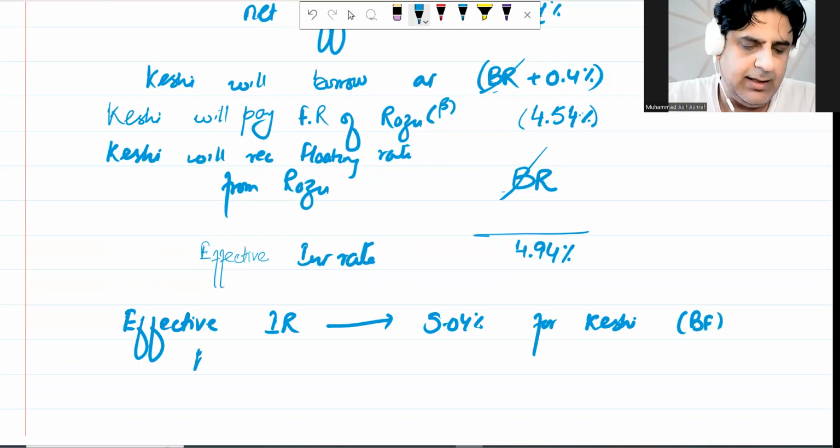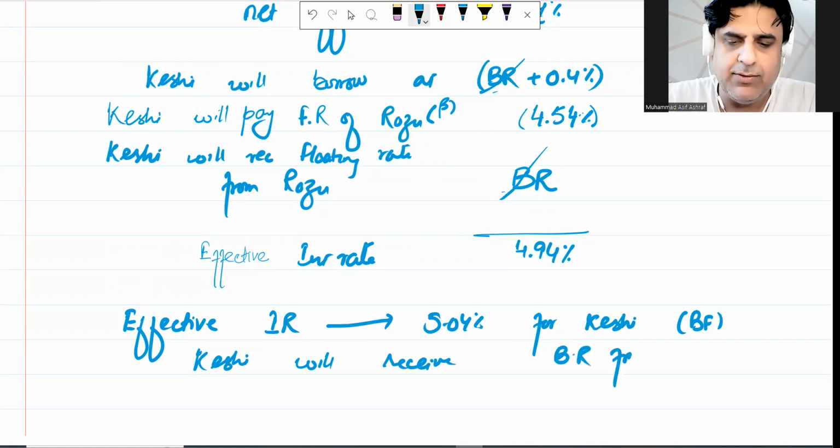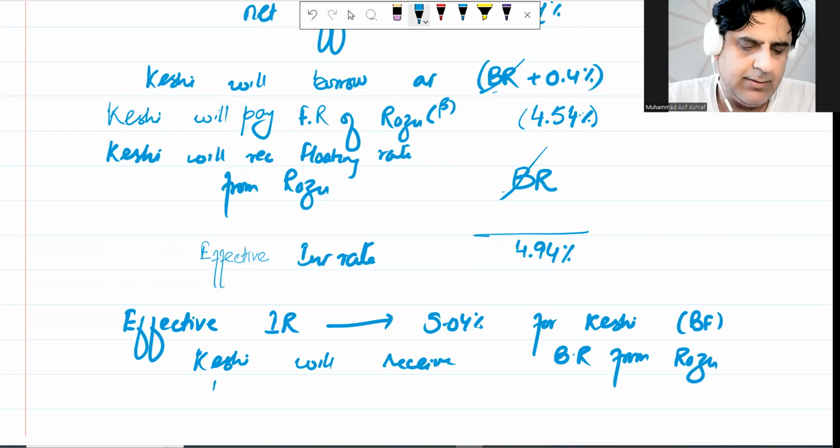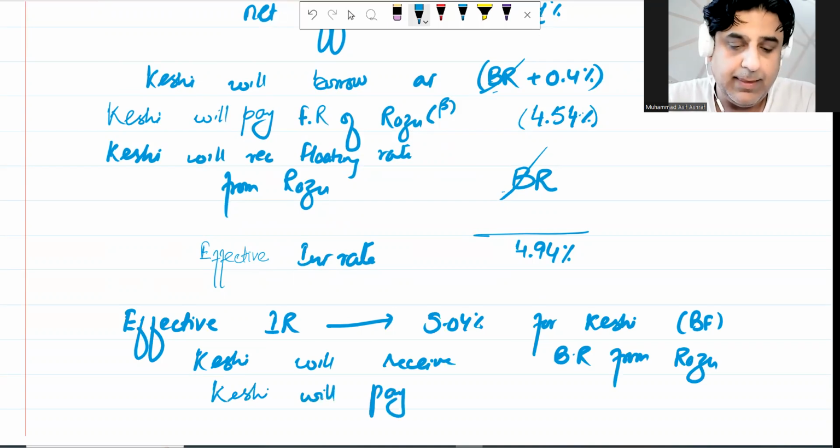And now you will tell, Kishi will receive bank rate from Rozu, and Kishi will pay a fixed interest rate of 4.54% to Rozu.